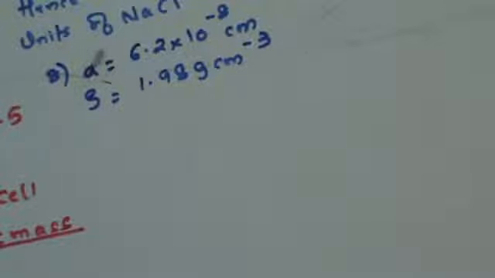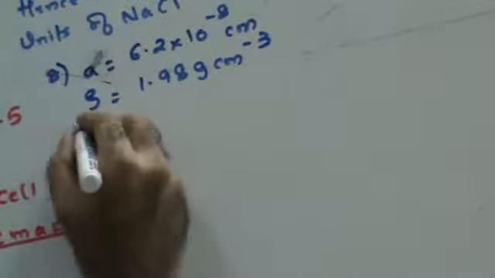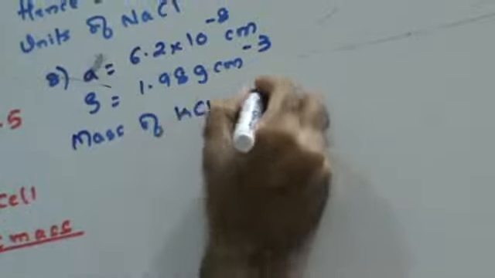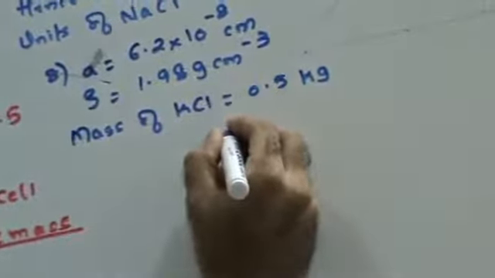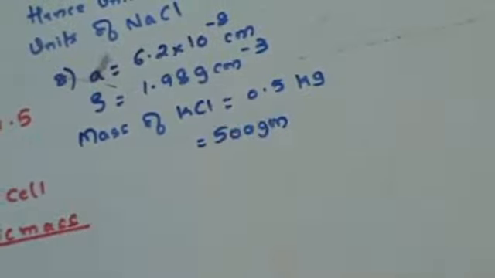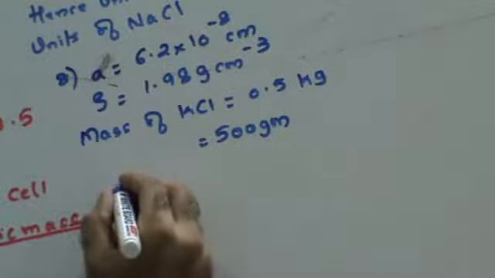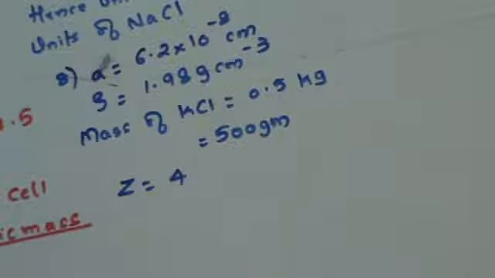Calculate the number of potassium ions in 0.5 kg of potassium chloride, if its unit cell has FCC lattice, and has 4 potassium and 4 chloride ions present per unit cell.